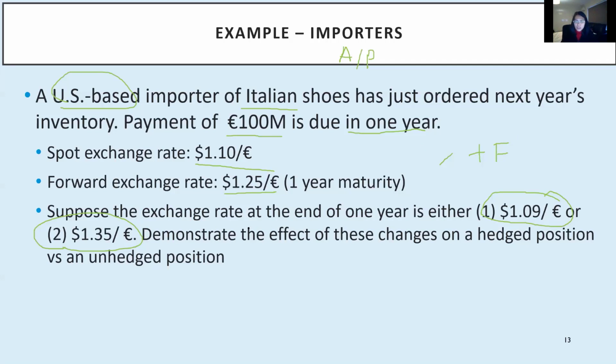So if I were to enter into a long forward position, what is my future dollar obligation to settle this payment? Here I'm looking at my obligation in USD if I hedge.